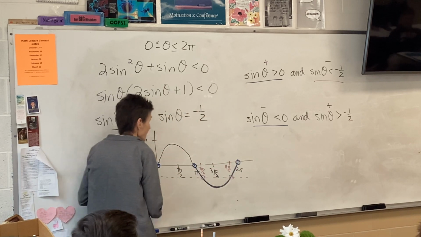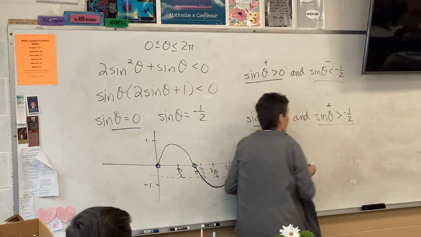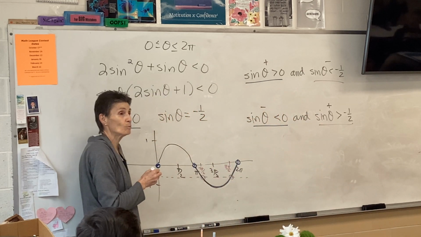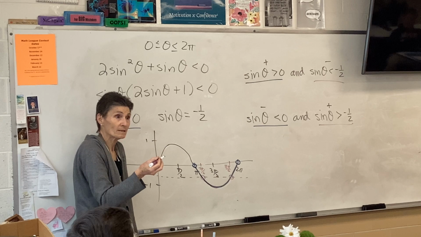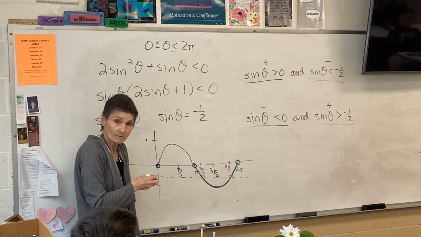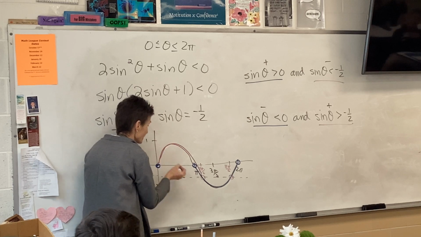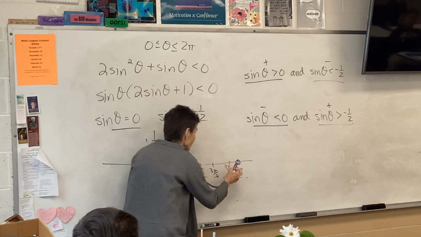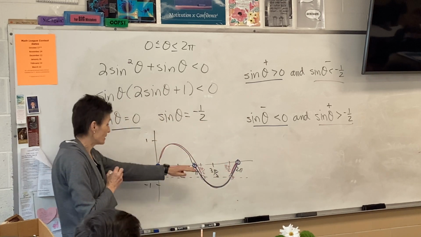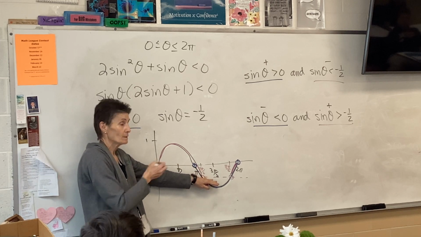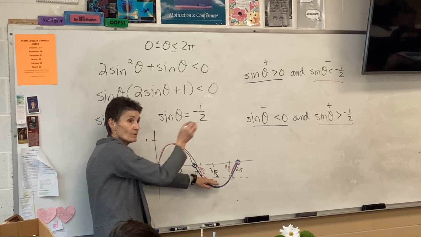And at the same time, I need the sine to be bigger than -1/2. So wouldn't that be all of this and that right there? Here's -1/2. Bigger than.